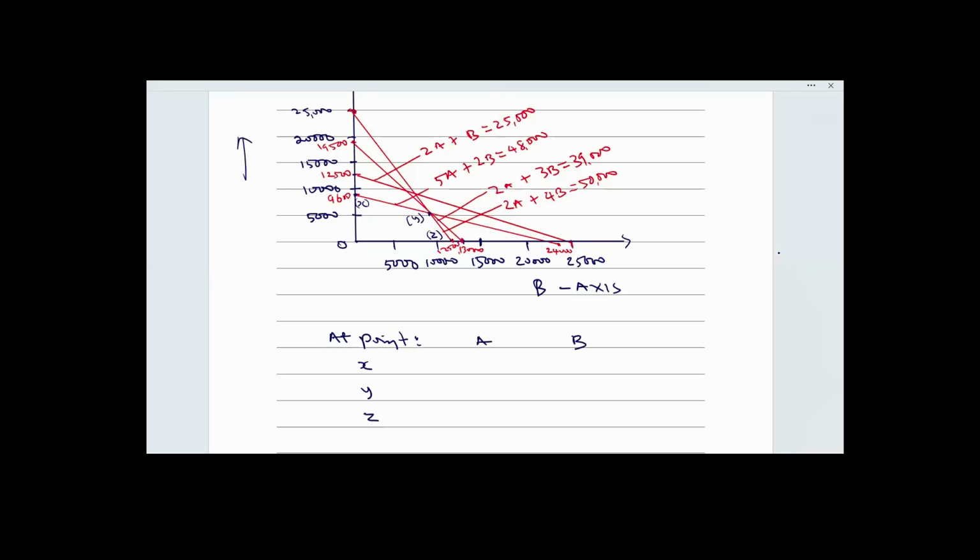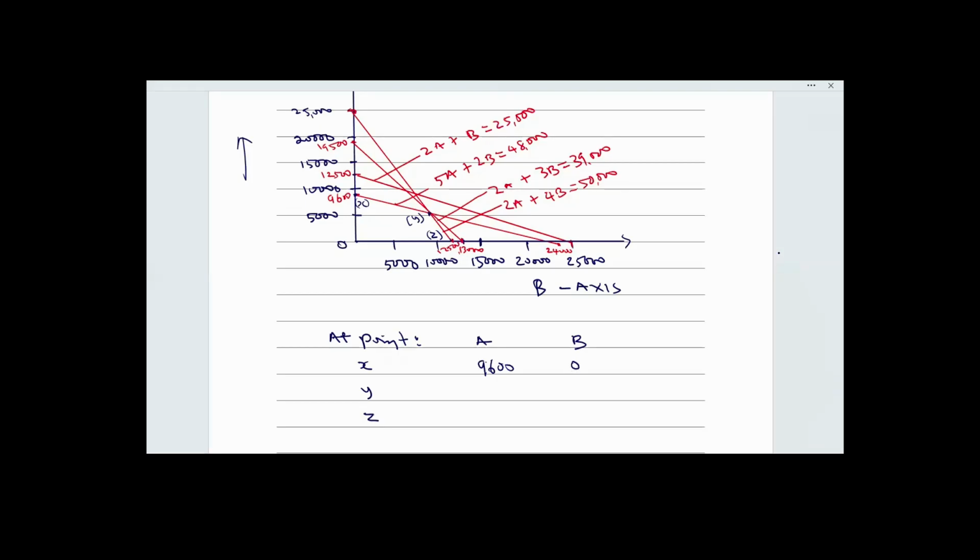So at X, the value of A is 9,600. Value of B is 0. Trace it down, 0.